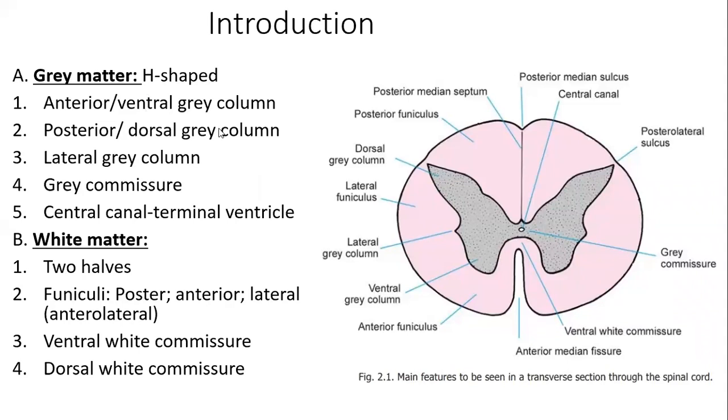So anterior gray column, here we have the anterior gray column. Anterior gray column is a large ventral mass of the gray matter, and it does not reach the surface of the spinal cord.